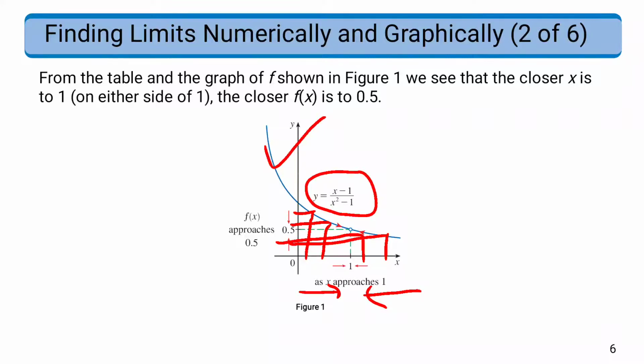So that's the idea. Then we can conclude that, even looking at it from the graph, you approach x from the left, and also from the right, and in this case you can see that f of x approaches the same value, which is 0.5.